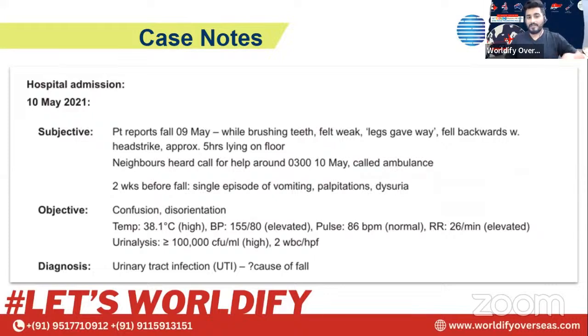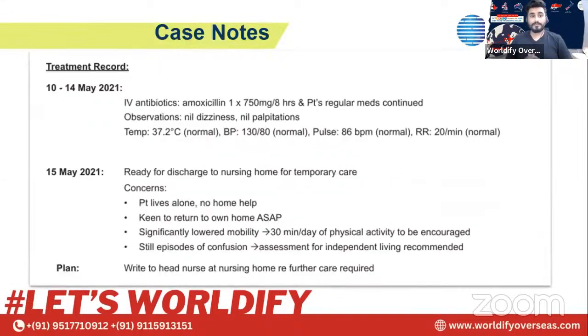He had elevated blood pressure, temperature, and respiratory rate on that day, not today. If you read the next case notes here, you will know everything is normal a day before discharge. So this information is not relevant for the nurse here.